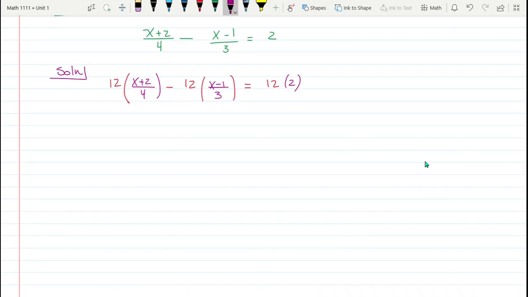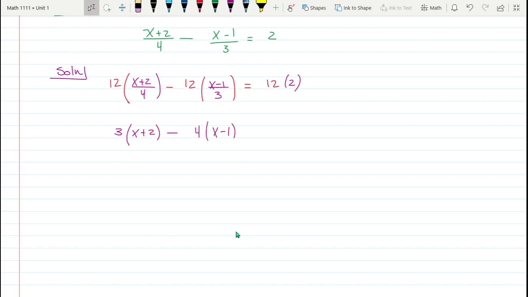we can go about it different ways, but the idea is that 4 goes into 12 how many times? Well, 3 times. So 3 times (x + 2) minus 3 goes into 12 how many times? 4 times.